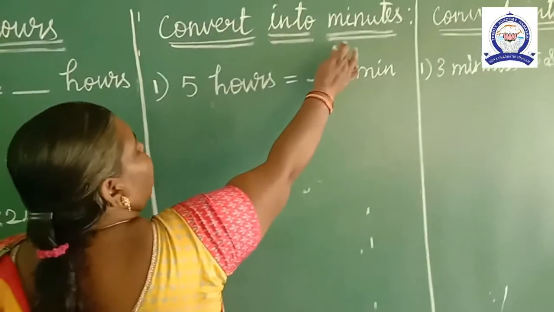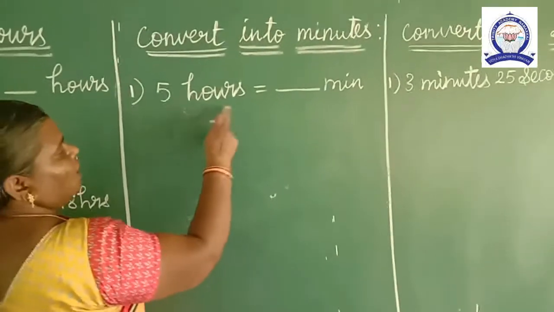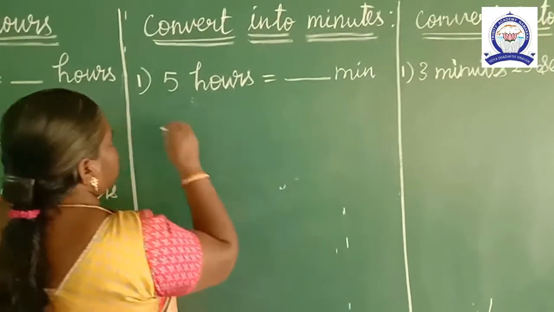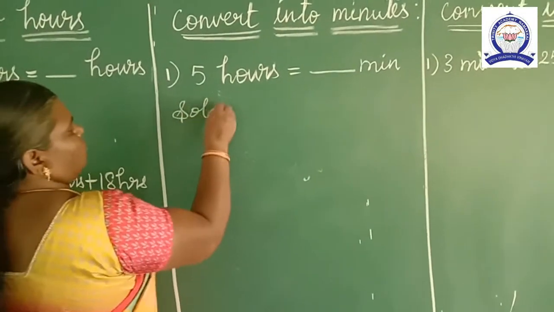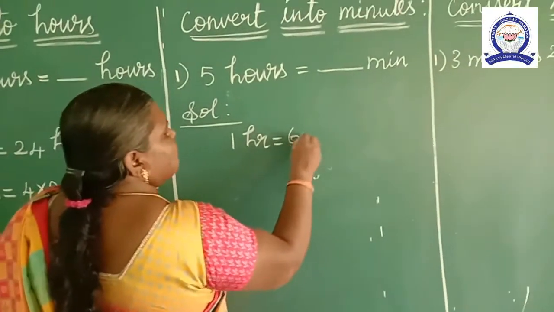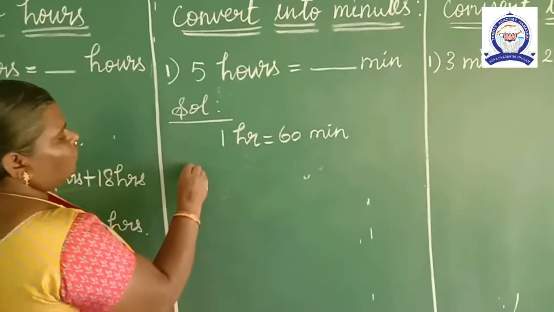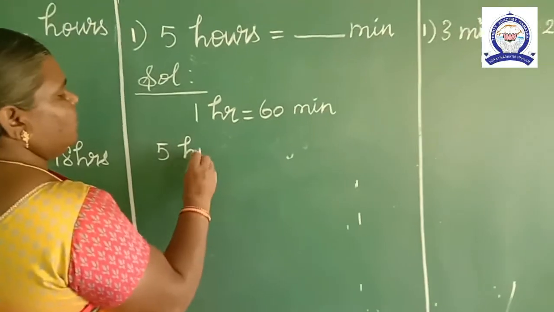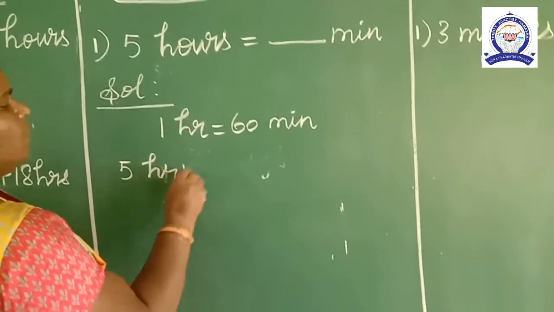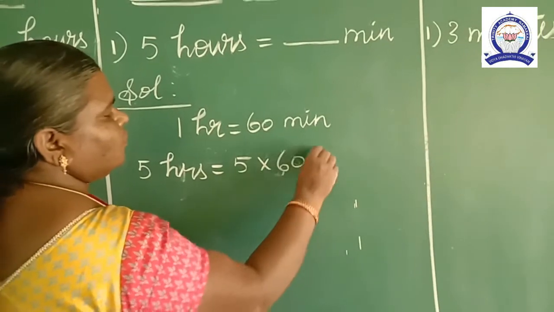Convert into minutes. What is the sum? Given sum, 5 hours equal to dash minutes. 1 hour equal to 60 minutes. 5 hours equal to 5 into 60 minutes.